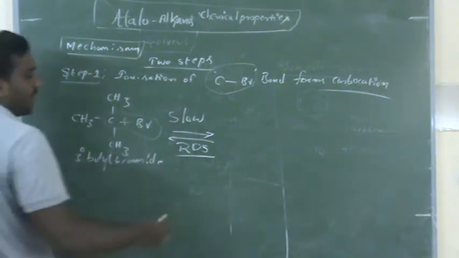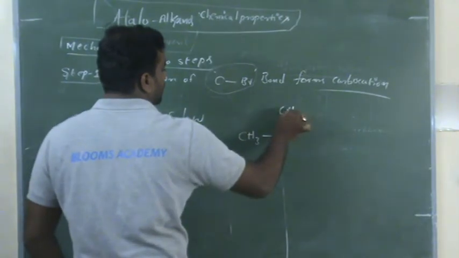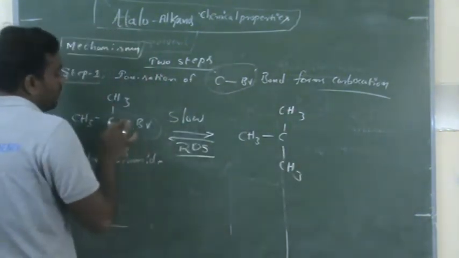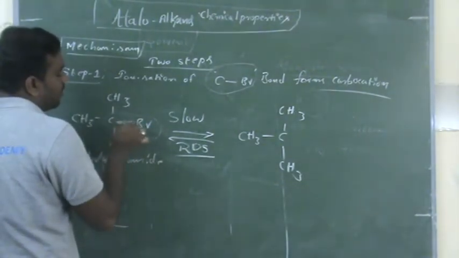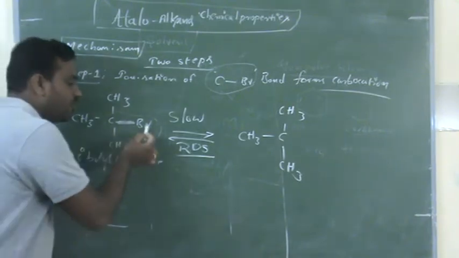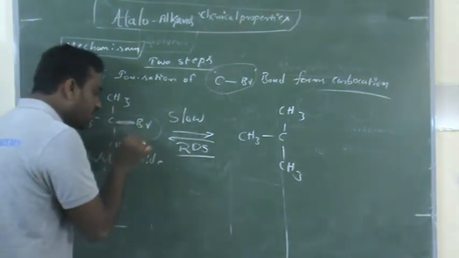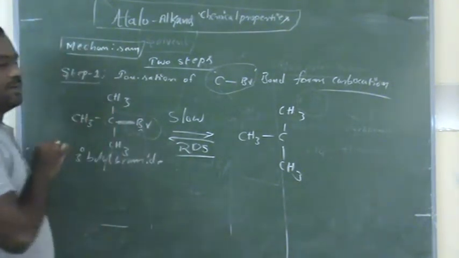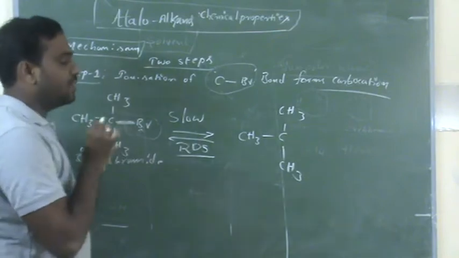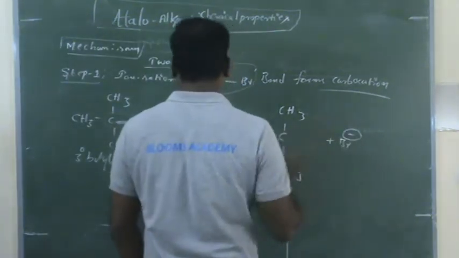When that bond breaks, what is remaining? CH3, CH3 and CH3 on carbon. Always keep in mind, this is a single bond between carbon and Br. Br is more electronegative, no? So these two electrons are taken by Br, and Br gets a negative charge.